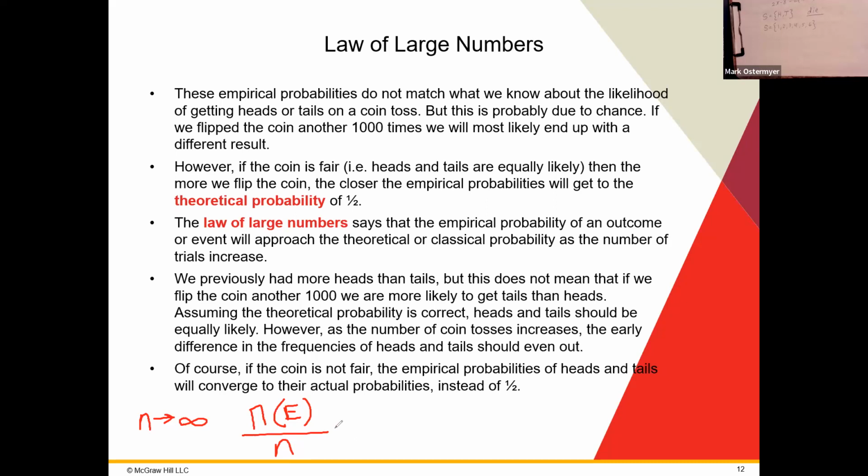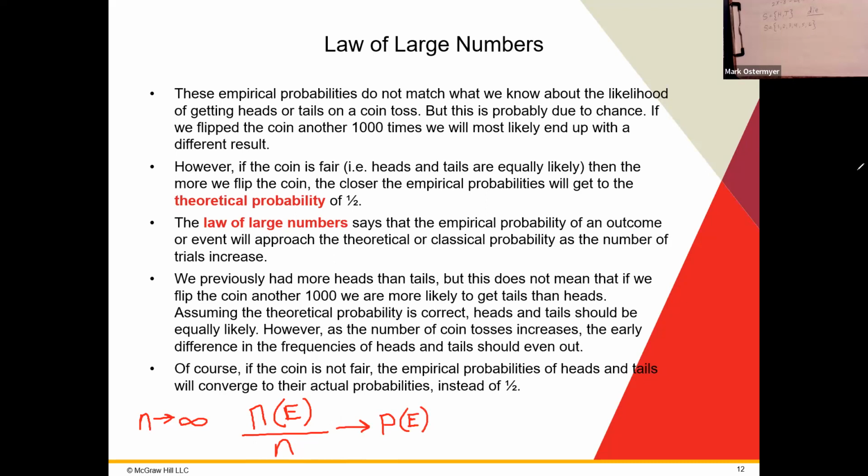What happens is this relative frequency, the number of times that event E occurs divided by the total number of trials, actually approaches the true probability of the event occurring. That's what the law of large numbers guarantees.